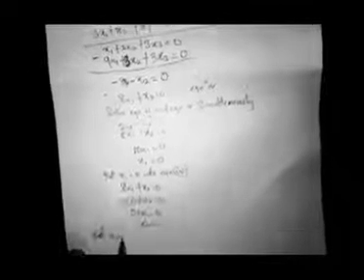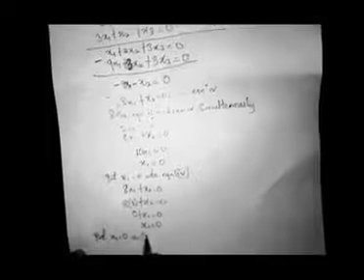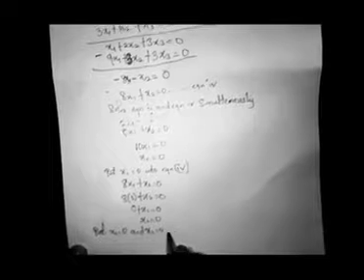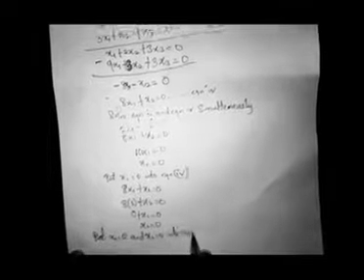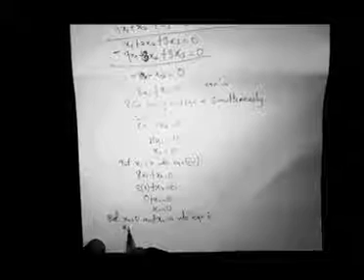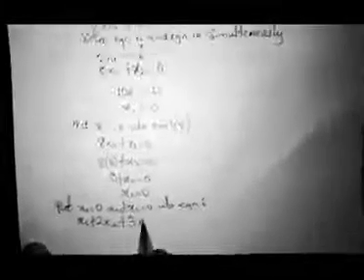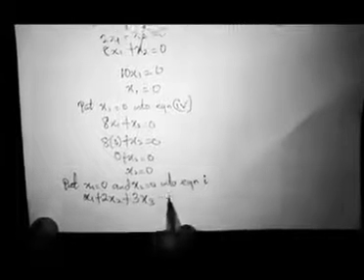So you now say put x1 equals 0 and x2 equals 0 into equation 1. Equation 1 is x1 plus 2x2 plus 3x3 equals 0.